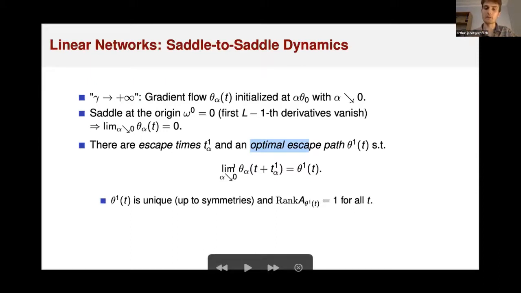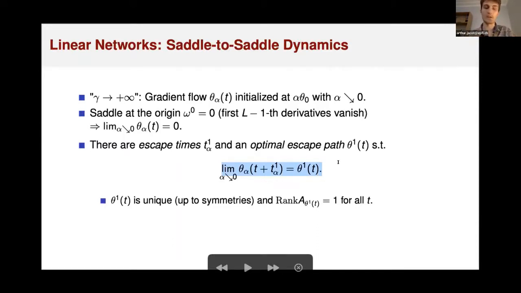To prove this, of course, there are some more technical details, especially for this deep case where you have this non-strict saddle, in which case it's quite difficult to identify these optimal escape directions and really show that you actually follow these escape paths.